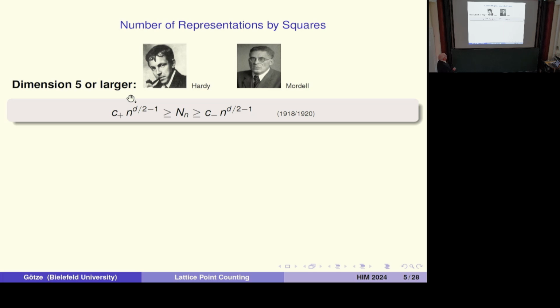And here we have two gentlemen named Hardy and Mordell, who already proved in 1918 and 1920 upper and lower bounds for the number of lattice points on the boundary of a ball with radius squared being an integer n. It's given by these two numbers, which means R to the d minus 2, where here square root of n is R, so it's the upper and lower bound which I was giving before.